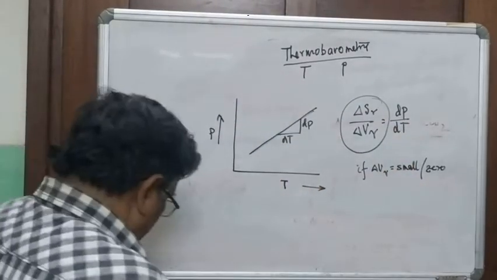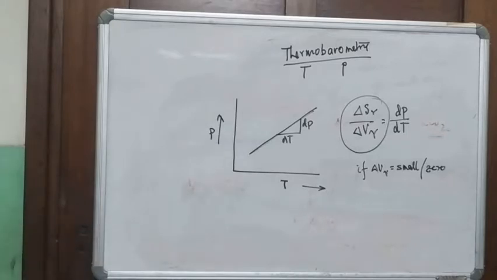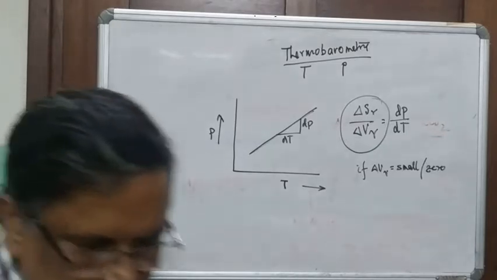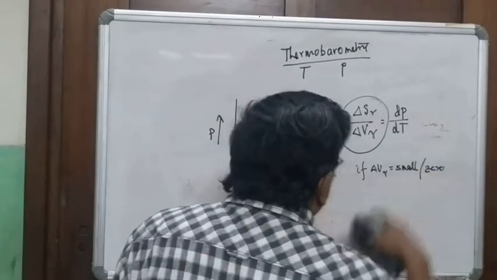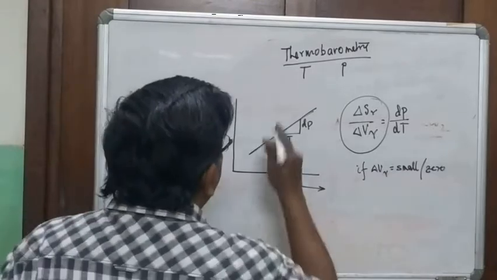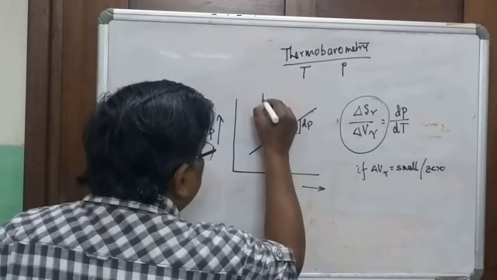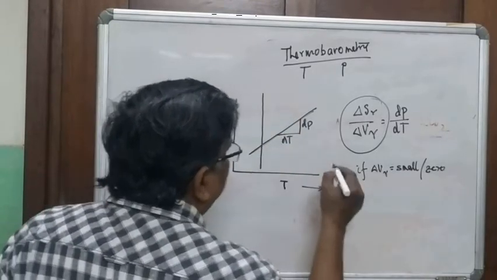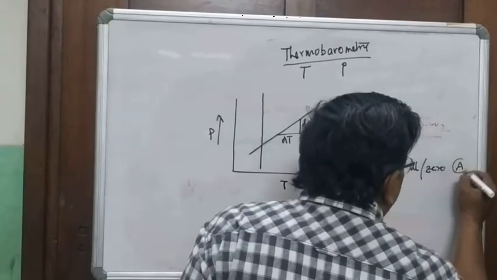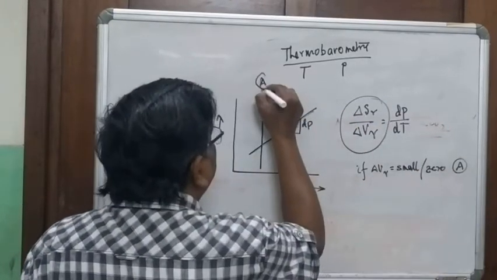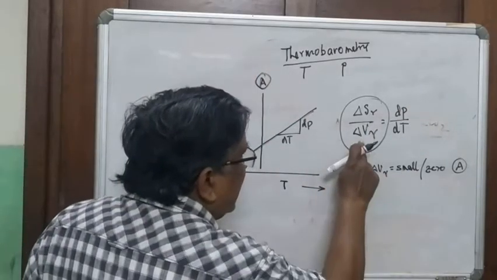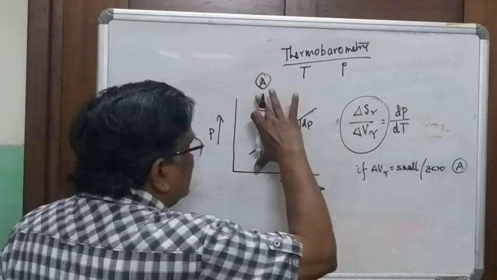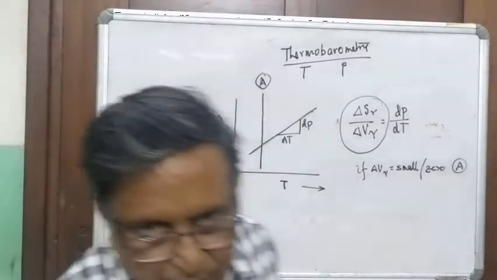That would mean the reaction is like this. Have you understood? If I write this as A, then A should be like this, because if delta V_R is small, then this is infinity. So dP by dT obviously is equal to infinity.